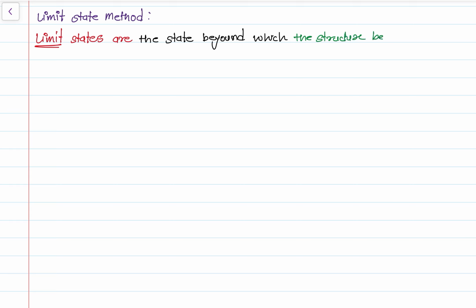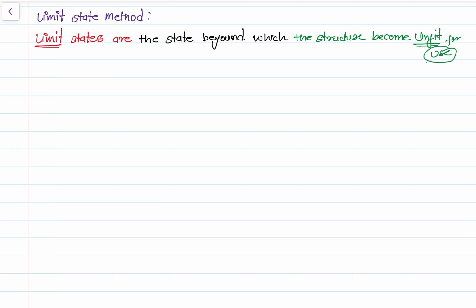So limit state, I want to write one thing here. Limit states are the states beyond which the structure becomes unfit for use.